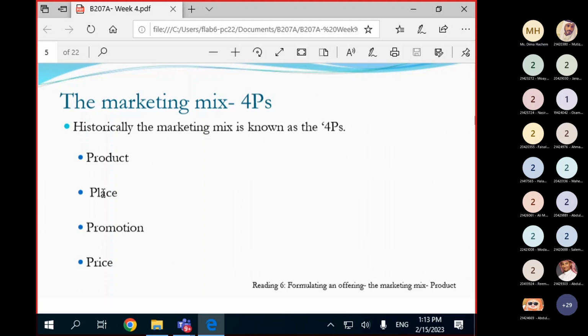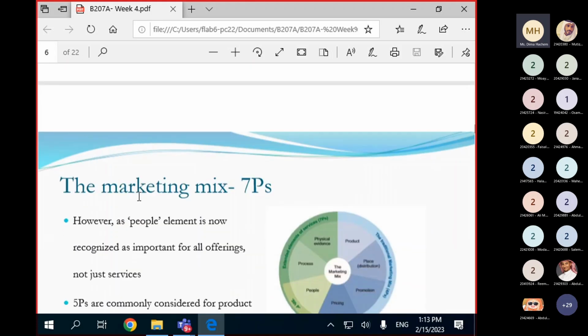All of these should be a match to your target market. If one of them does not match your target market, then your offering will not be successful. You are selling a whole bunch of services together and not simply a product.